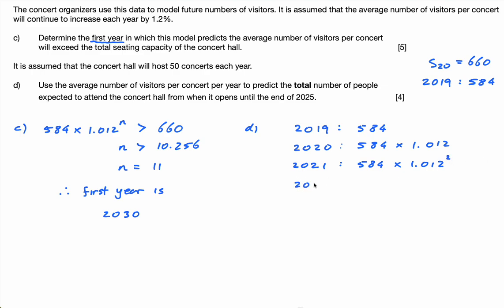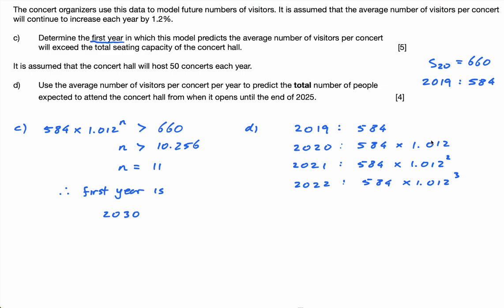I'll do one more. 2022 is 584 times 1.012 cubed. So what we have here, guys, if you can spot it, is a geometric sequence. It's this times this, then we times this again. So the common ratio is 1.012.